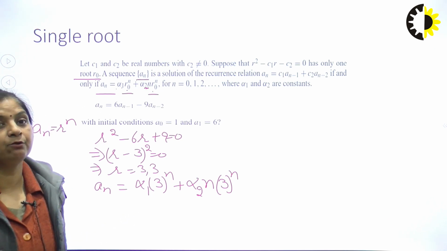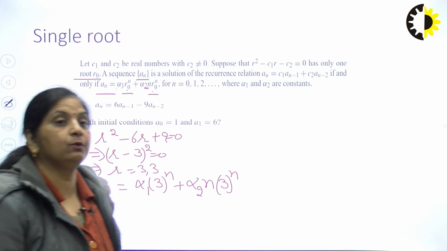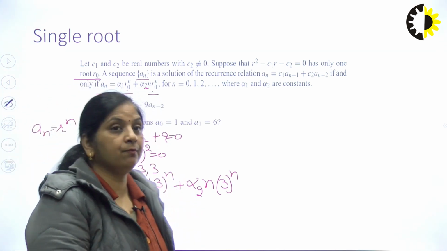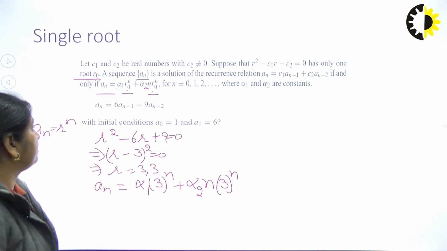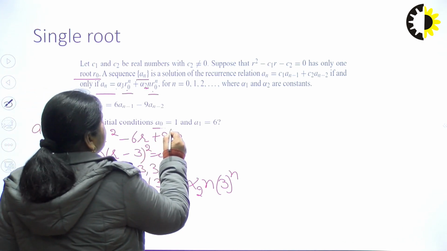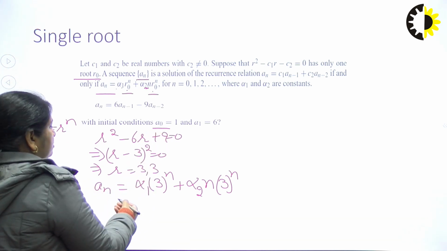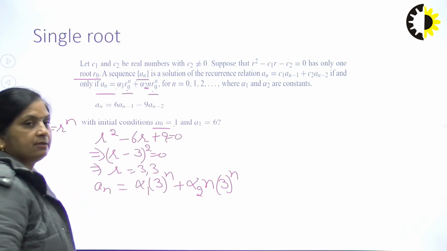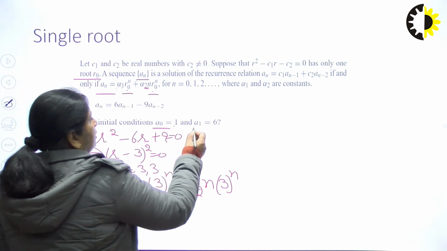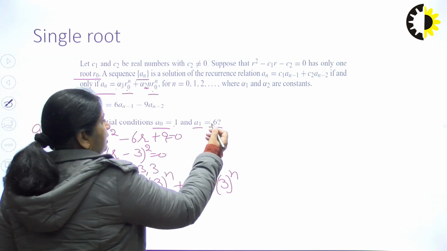Now how will we calculate alpha 1 and alpha 2? We will calculate alpha 1 and alpha 2 the same as we have done on the previous slide with the help of the initial conditions. We will put n is equal to 0, where a naught is given as 1, and then n is equal to 1, where the value is given as 6.